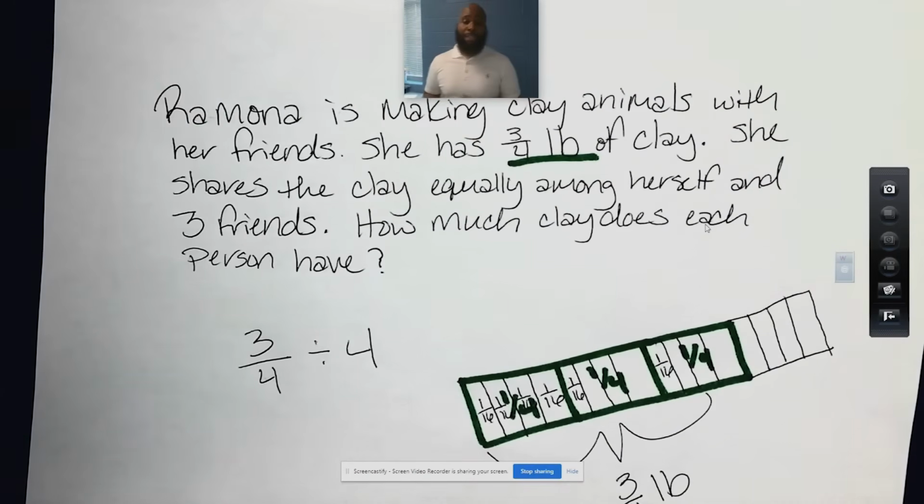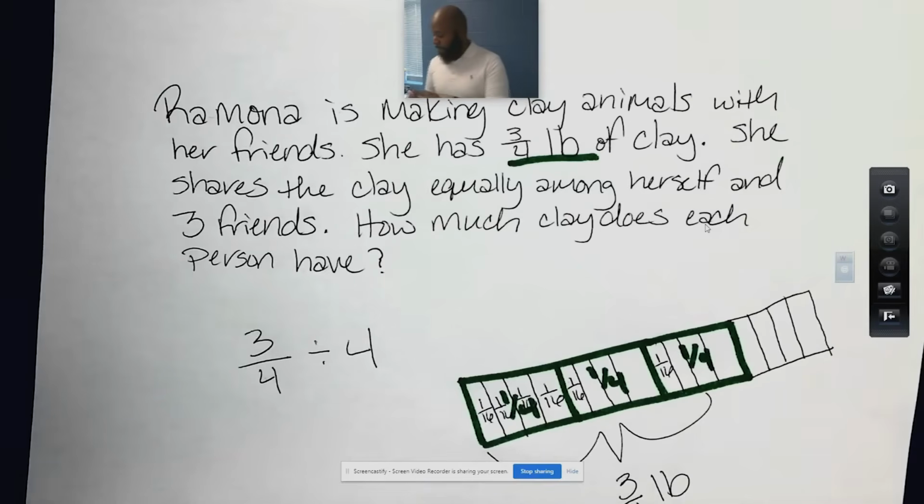So each 1/4 is divided into 4 pieces. Notice that a fourth of each fourth is 1/16. If we have given each person a fourth of each fourth of clay, how much clay would each person have? Correct. Yes, we have 3/16 pound of clay for each person.